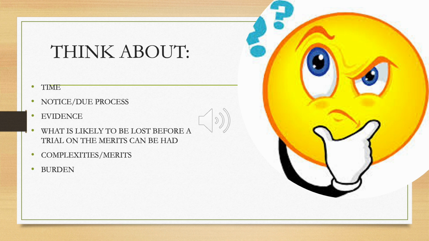What is the harm that might be suffered between now and the time of that first TRO, between now and the time of a potential preliminary injunction, between the time of a TRO and the preliminary injunction, and between the time of a TRO and what arguably would be the final trial on the merits? And finally, what are the merits?